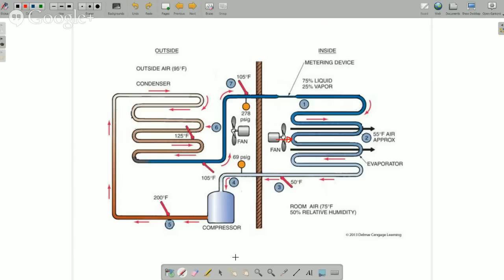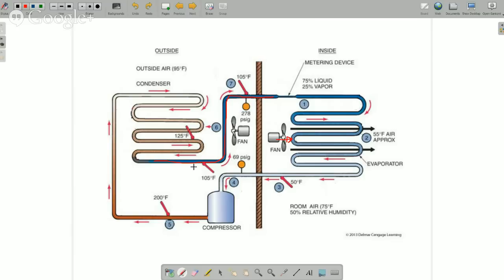The one thing I want to make note of before we get into that is this solid column of liquid that is here coming up to the metering device. It's kind of like a traffic jam. The refrigerant's backed up right here, and as it meters through, half a pound of refrigerant comes through here, pushes on the back, and another half a pound comes out.